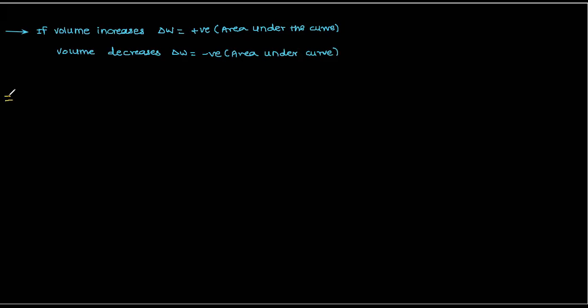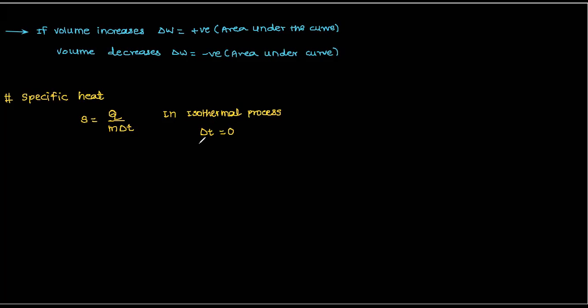Next one, specific heat in this process. Which process? Isothermal process. Now you know the specific heat formula is S equal to Q by M delta T, right? In isothermal process, delta T is equal to 0.